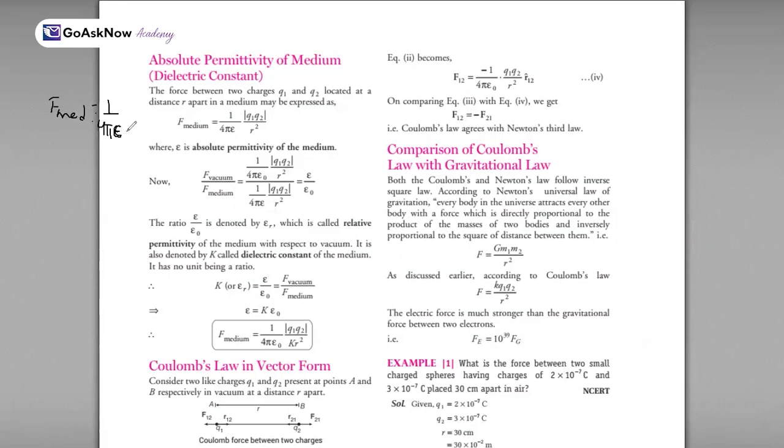So epsilon will be there, and Q1 Q2 upon R square. It is the absolute permittivity of the medium, not of free space. What is the absolute permittivity of free space? It is epsilon naught. Okay.